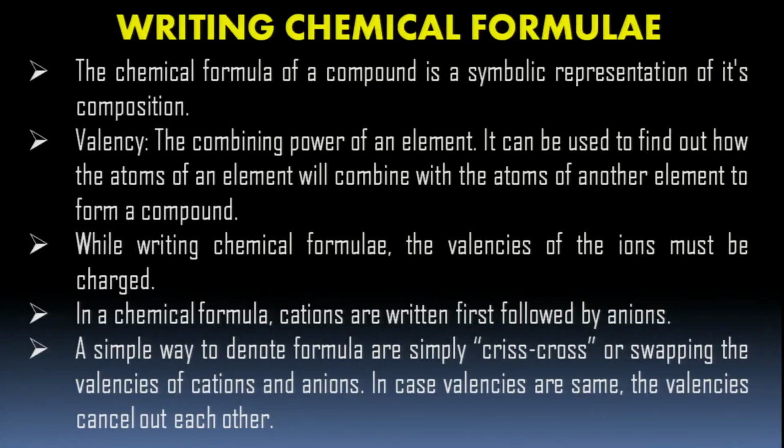First metals are written and then non-metals. First positive valencies, then comes the negative valency. Okay. A simple way to denote the formula is simply crisscross or swapping the valencies of the cations and anions. In case valencies are the same, the valencies cancel each other.